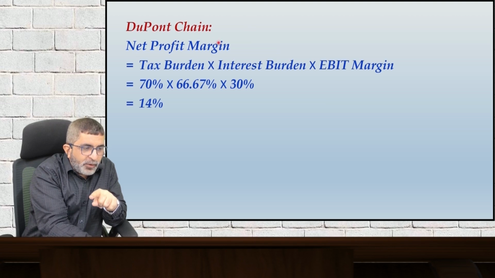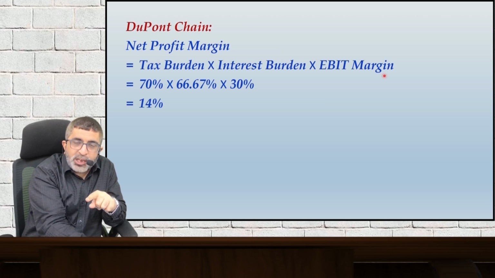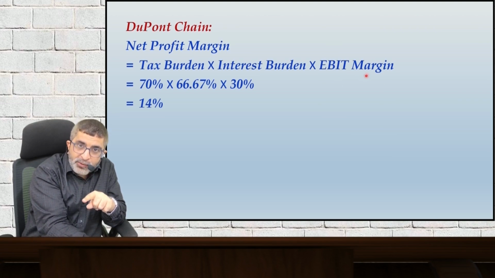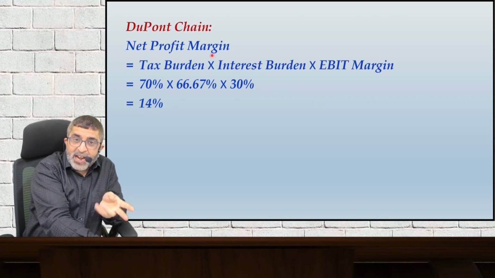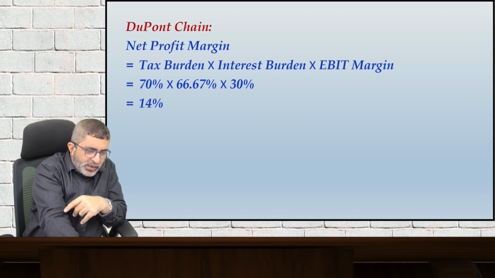Now instead of net profit margin, we are going to have these three ratios. The product of these three ratios, which eventually results in net profit margin, when multiplied by return on assets and financial leverage, will ultimately match with return on equity.